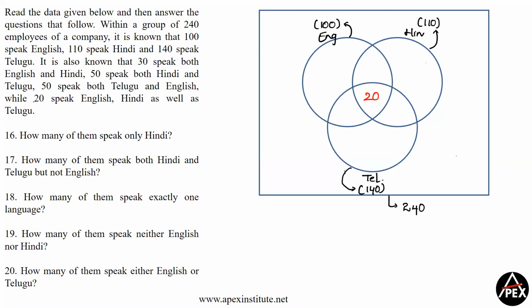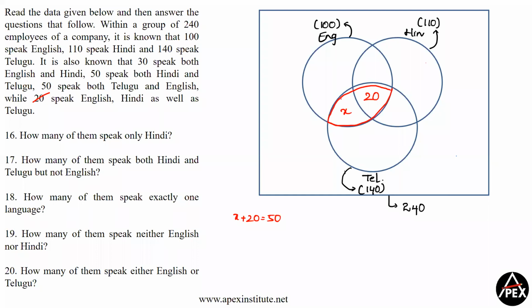Okay, so we have done this. 50 speak both Telugu and English. So what is the region common to Telugu and English? This entire region, isn't it? So if I consider this as x, I can say that x plus 20 is equal to 50. In these 50 people, you can also have the people speaking all the three languages, isn't it?